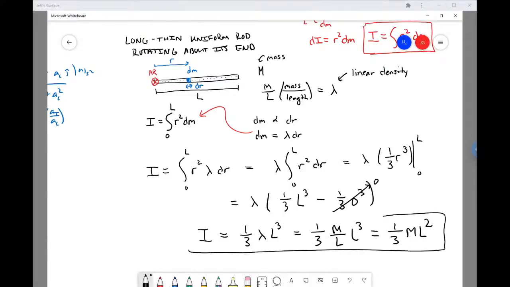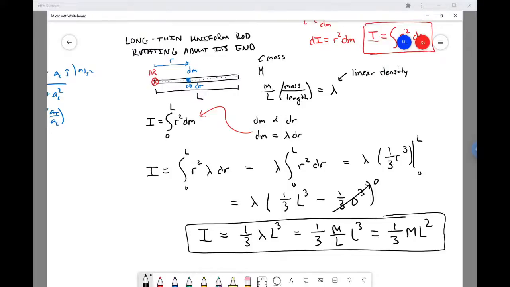All right? So the rotational inertia of a point mass is mr squared. The rotational inertia of a long uniform rod is 1/3 times its mass times its total length squared. So you still see this connection, the units are going to be the same.